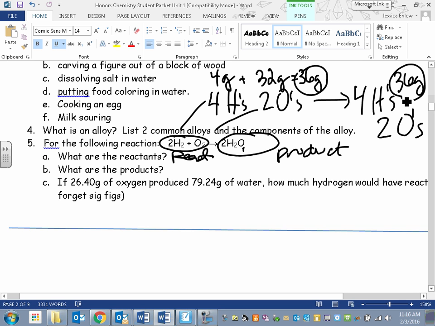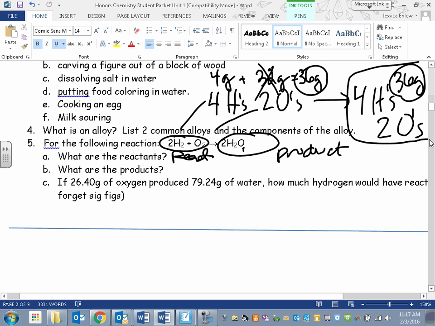So if I didn't tell you, let's say I told you this was an unknown element, question mark. And I told you this was 4 grams and you didn't know this, but I told you the final mass of all of this over here was 36. Could you figure out what the mass of the missing piece was? How? Well, hold on.